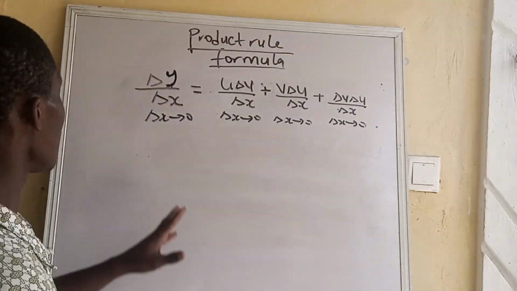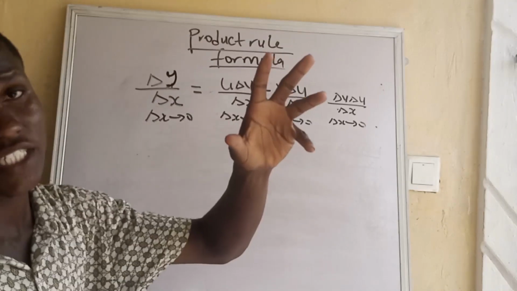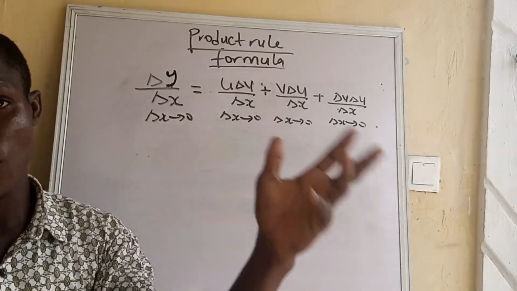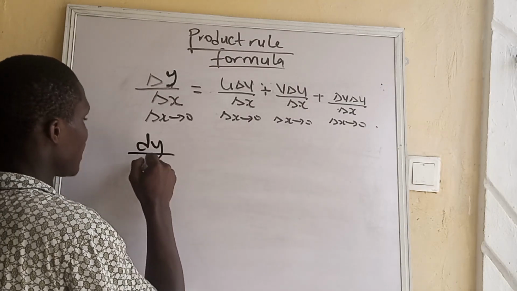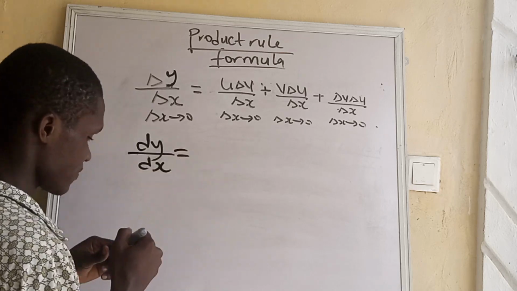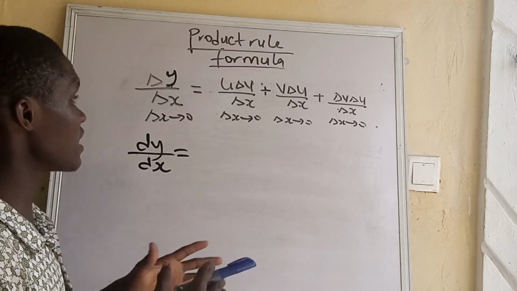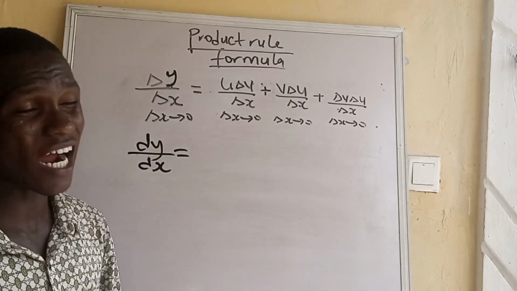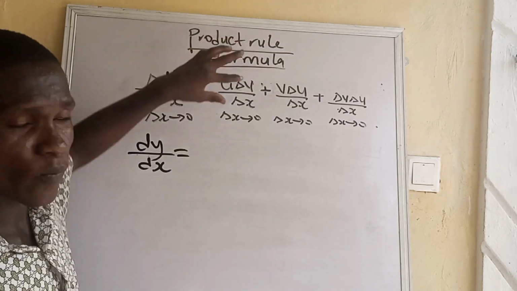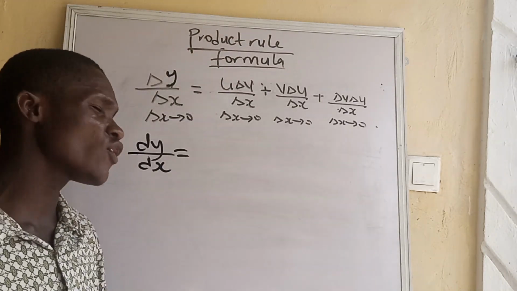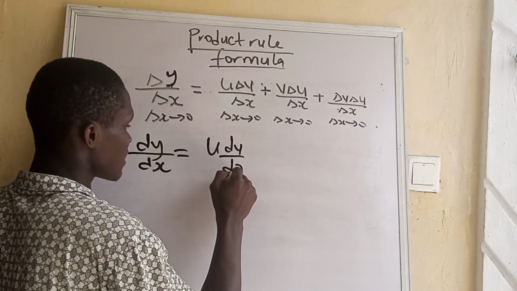So in other words, if we are having delta y over delta x, limiting delta x to 0, remember I said you are putting dy over dx there, right? So in this place we are putting dy over dx equal, and I also said if we are having delta v all over delta x, limiting delta x to 0, we are having dv over dx, and we are having a value here which is u. So we are multiplying u with dv over dx.